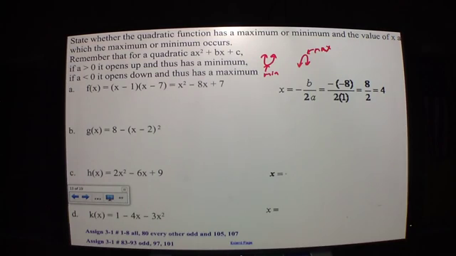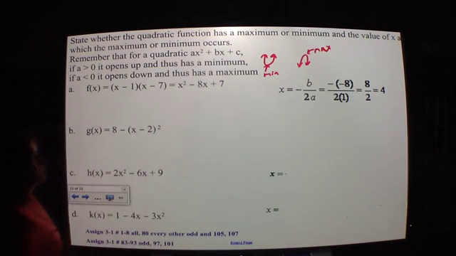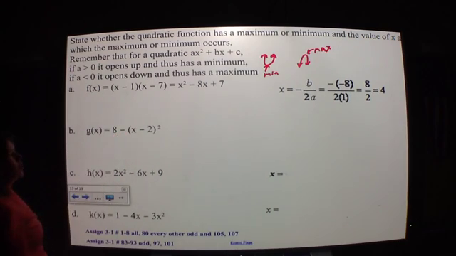Okay, so that's the x-coordinate of the vertex. If I wanted to find the y-coordinate of the vertex, I would plug 4 into the equation. This equation here has a negative x squared, so it opens downward. So that one has a maximum.